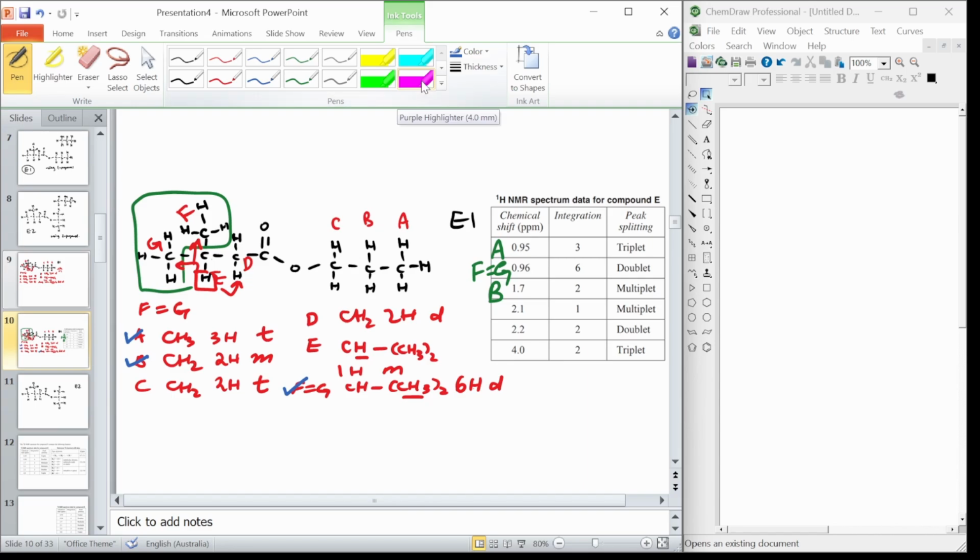The only multiplet that is 1 is E. So that's E. 2.2, 2 protons doublet is D. And then our final one is C, which is 4.02 triplet.